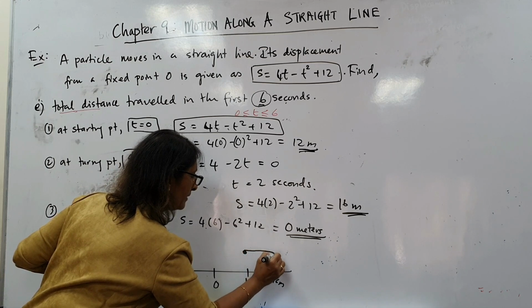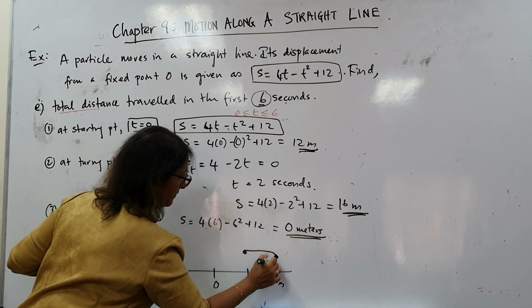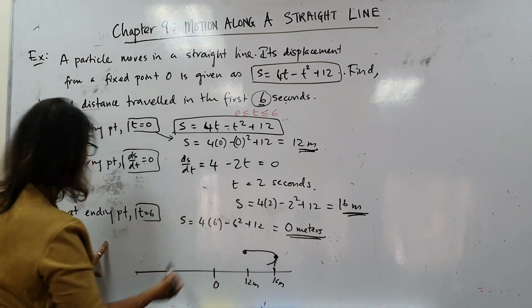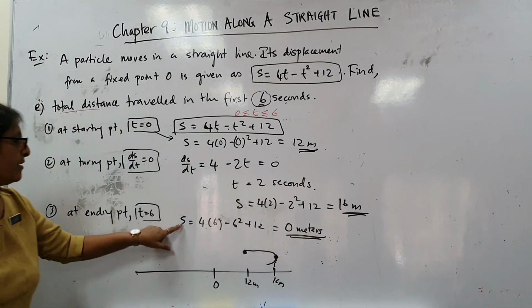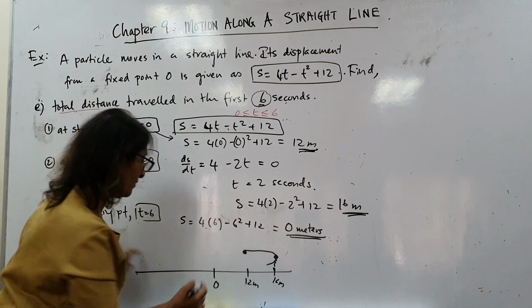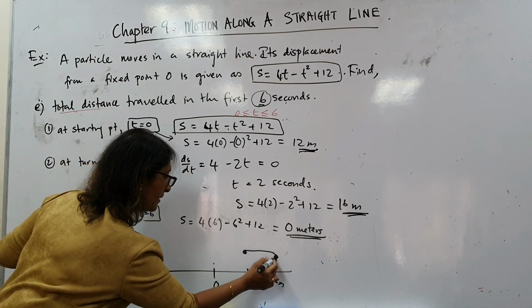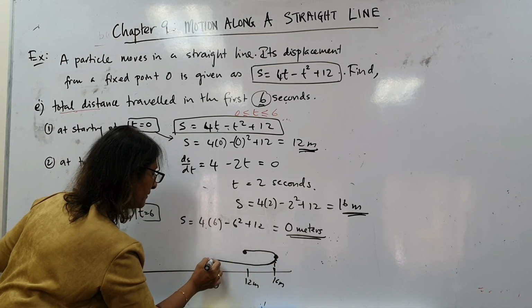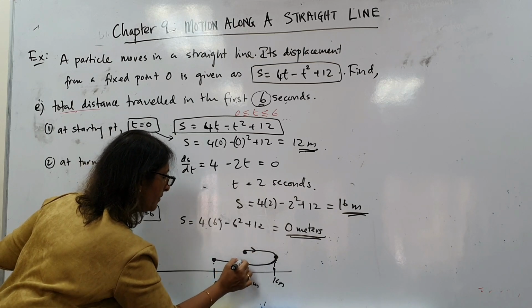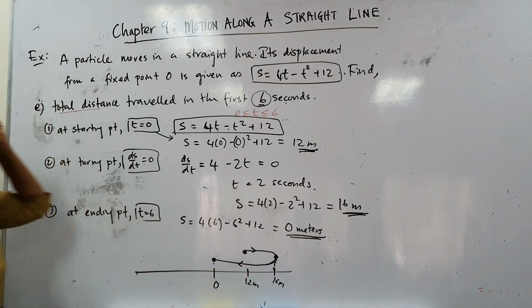The particle has gone here and turned here, at 16. And then at the ending point, the particle is at 0, meaning here. That means it has come and stopped here. So this is the movement of the particle throughout the journey, from 0 to 6 seconds.